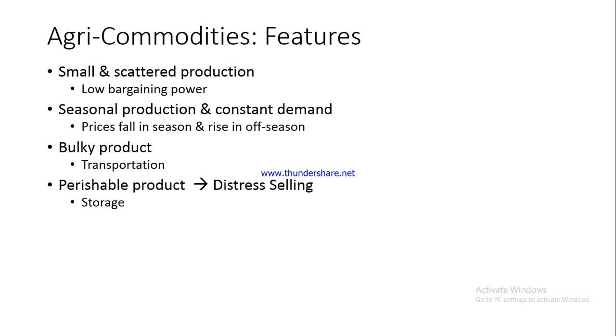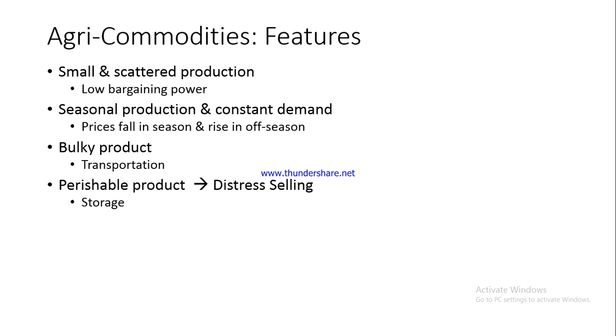Fine. Which means that the farmer, if he has produced, let's say, fruits and vegetables, he knows that the shelf life of these fruits and vegetables is very, very small, maybe 2 to 3 days. He is bound to sell these products within 2 to 3 days, even if he is not getting good returns, if he is not able to command good price for his produce. Why?